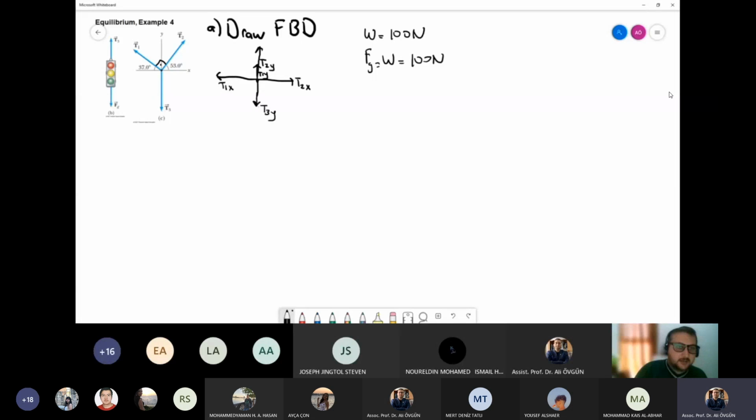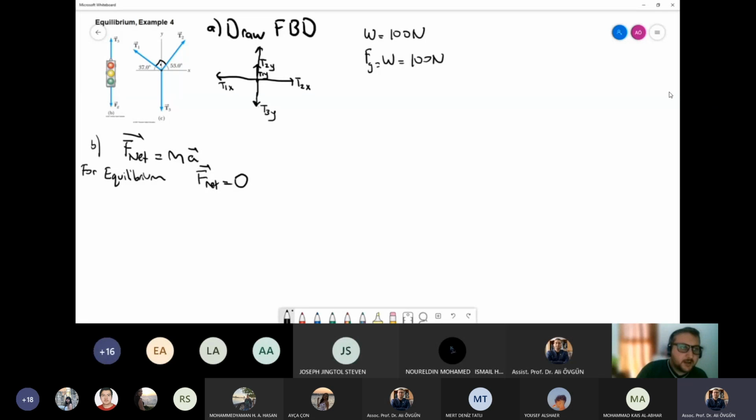After that, you can write Newton's law to solve it for the equilibrium case, because the system is in equilibrium. First, let's draw this for part B. For this free body diagram, F net equals ma. And in equilibrium, F net equals 0.